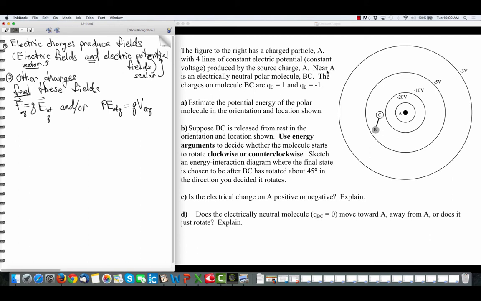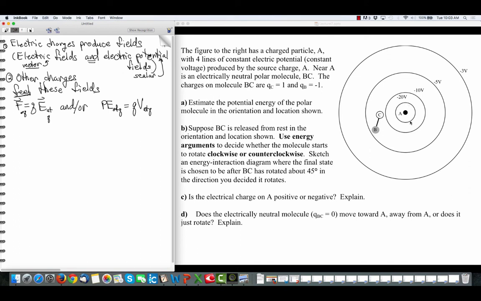What's drawn here and explained here, the figure to the right, has a charged particle A at the center with 4 lines of constant electric potential. So this A particle, as in number 1 here, electric charges produce fields. That A particle has produced an electric potential field.